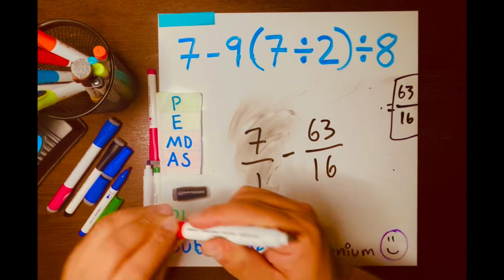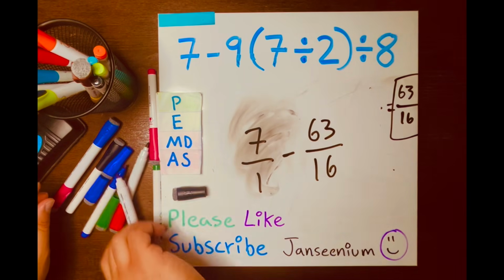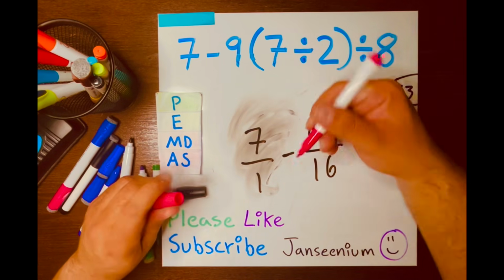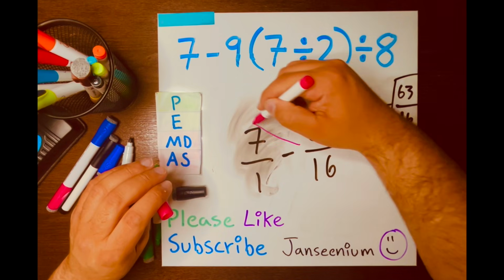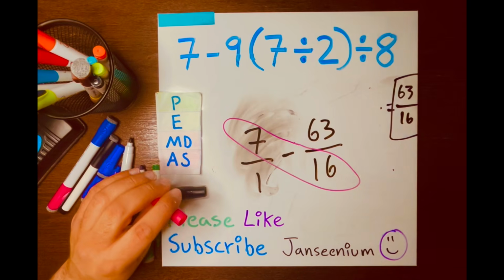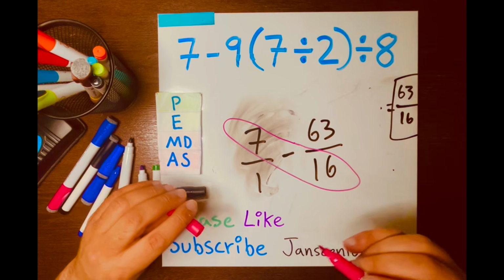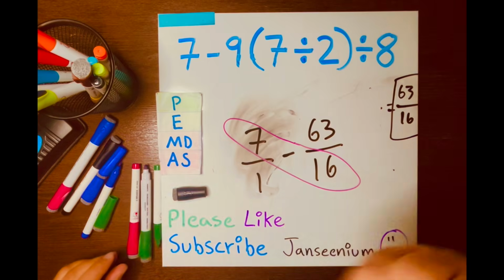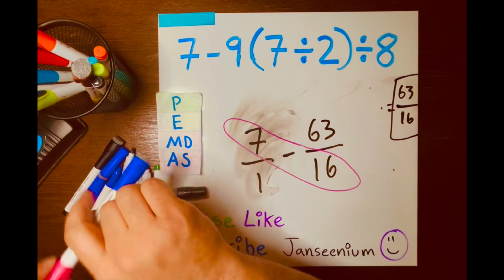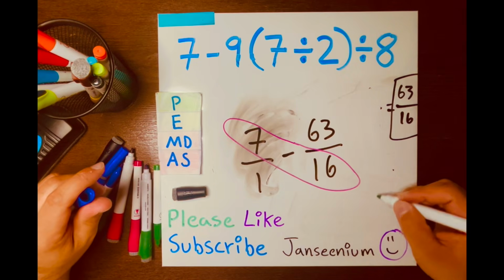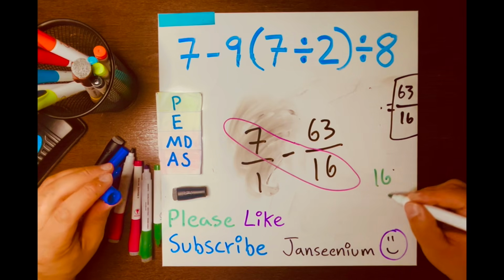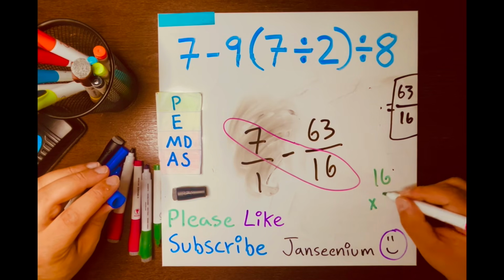So I will draw two wings, two antennas, and a body. So here's the first wing, 7 times 16. So what is 7 times 16? 16 times 7.